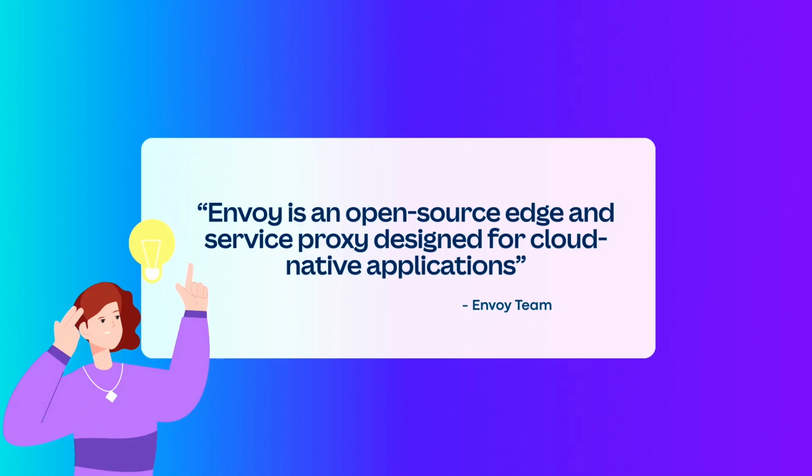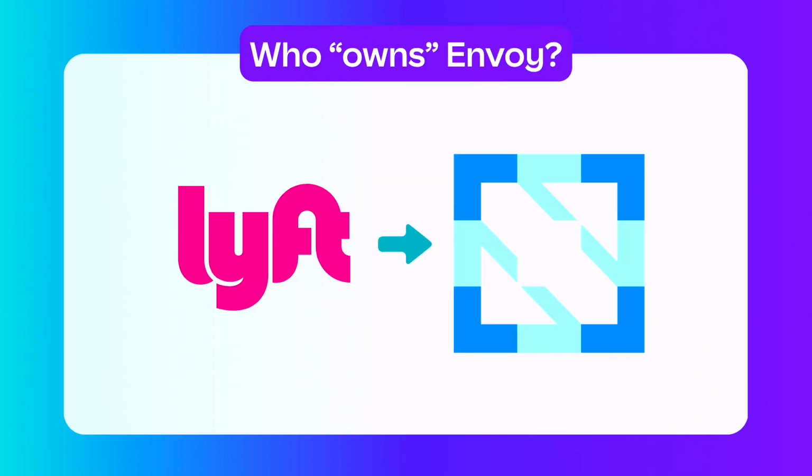The way they describe themselves online, Envoy is an open source edge and service proxy designed for cloud-native applications, which is an awful lot of words saying not much at all. It doesn't give you any idea of what it actually does, and there's kind of a reason for that.